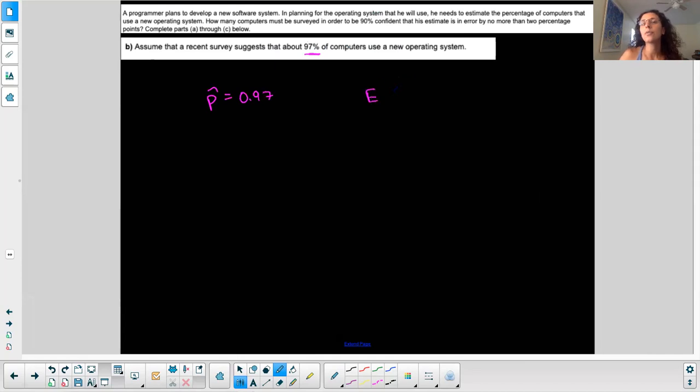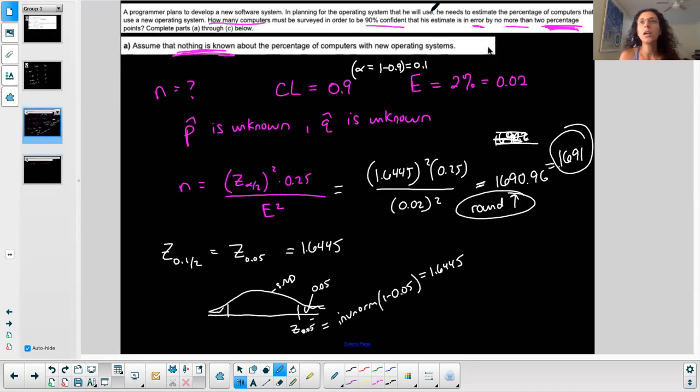Remember before we were given the margin of error, right? In our example before, we wanted an error of no more than 2 percentage points. So my E was 0.02. We had a 90% confidence level, and we used that to find our Z-score for the situation.